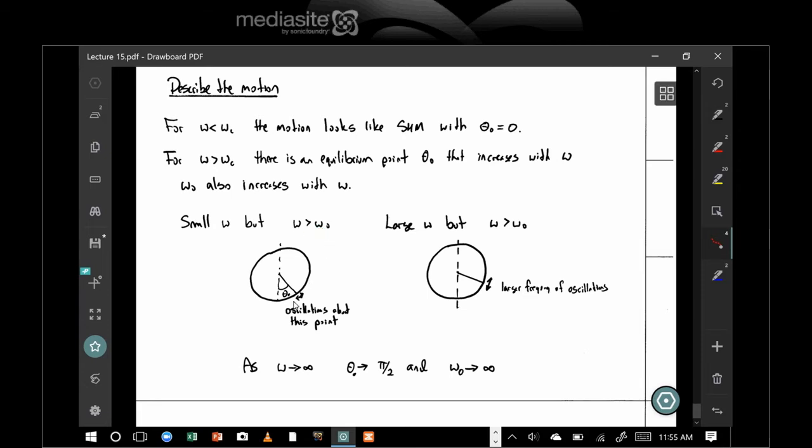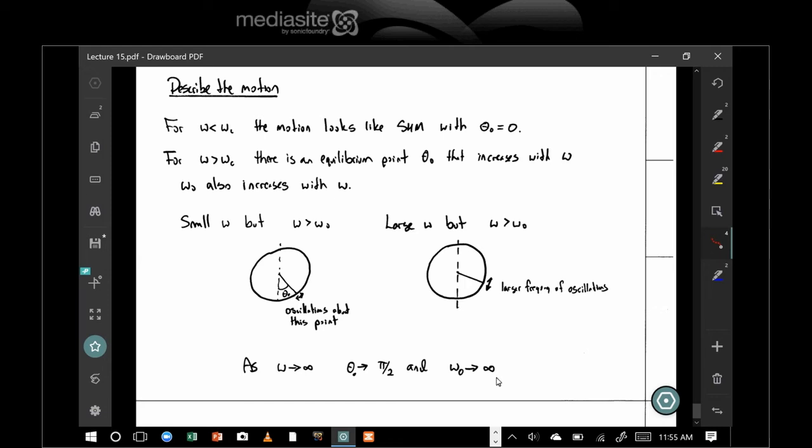We'll plot that term, so we can finish up by looking at the motion itself. So let's take this hoop and spin it, and increase the angular speed that we spin it. If we're spinning it relatively slowly, meaning omega is less than omega c, it's going to have one equilibrium position at theta equals 0, and it's going to oscillate about that point.